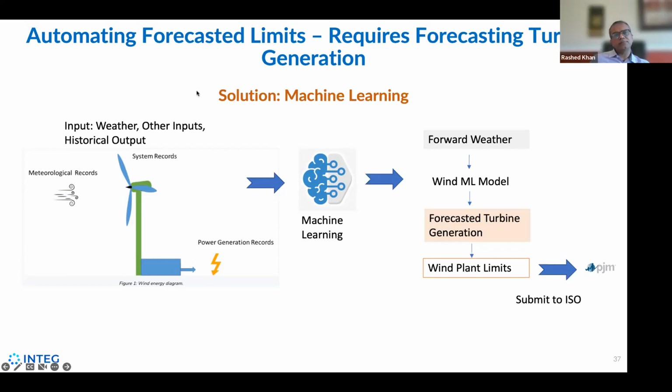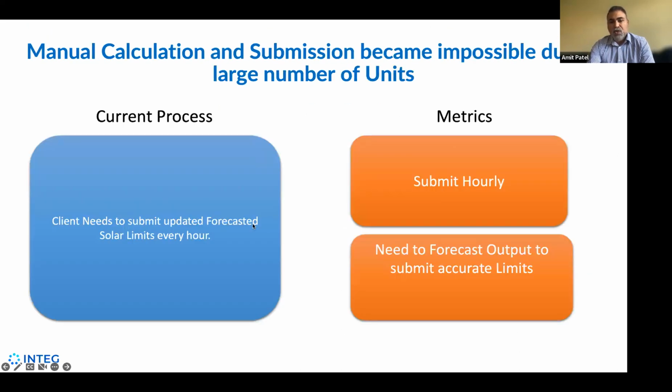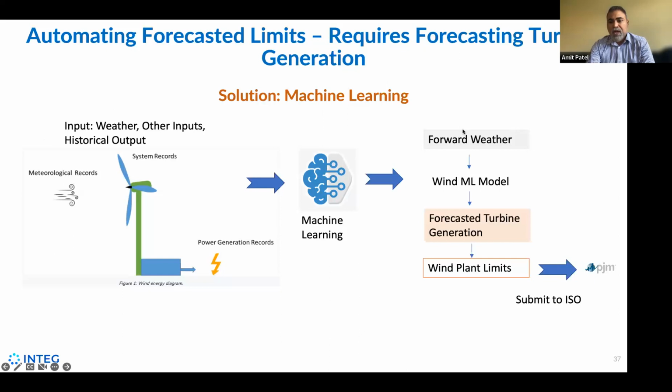Okay. Yeah. So what we found out is that to do this, we actually need to implement machine learning first, right? Because what they needed to do was take the weather records and look at the historical weather and output. That tells you based on the weather what the output should be. We plug that into a machine learning model, and with that, we were able to create a wind ML model.